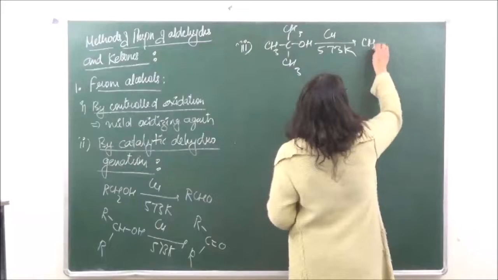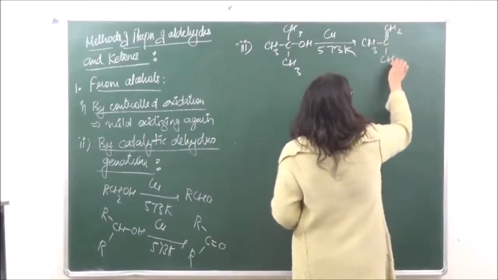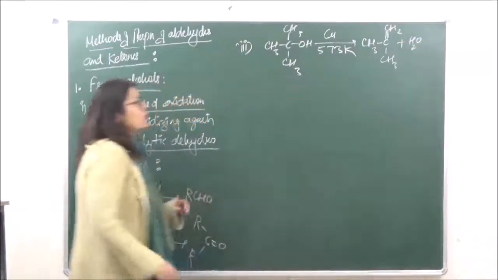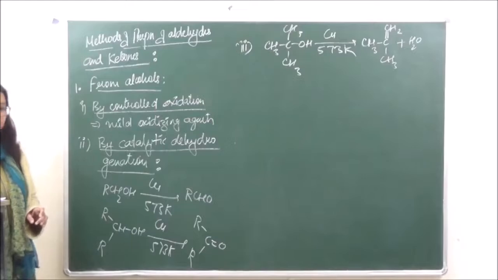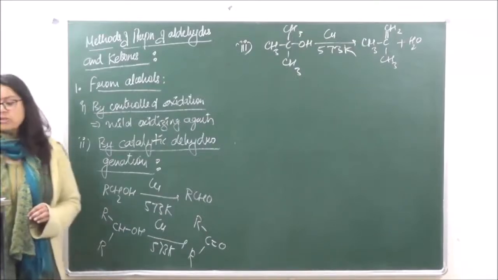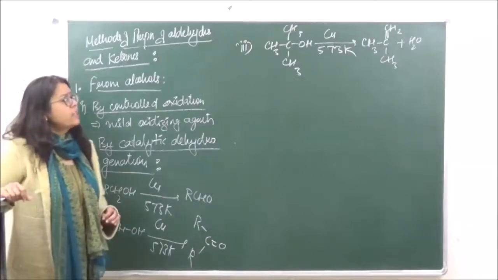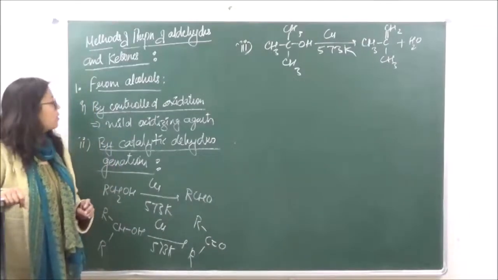So instead of dehydrogenation, it is dehydration which is going to take place over here. That is a removal of water molecule. Okay? So primary on dehydrogenation is going to give us an aldehyde. Secondary on dehydrogenation is going to give us a ketone. And tertiary does not undergo dehydrogenation but prefers undergoing dehydration, thereby giving us an alkene. So this is the first method from alcohols.